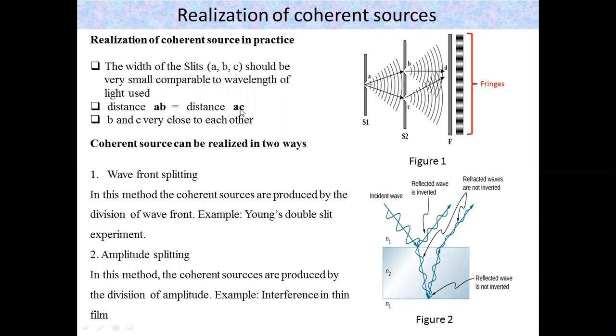The necessary conditions for realizing the coherent source in practice are: the width of the slit B and C should be comparable to the wavelength of light.